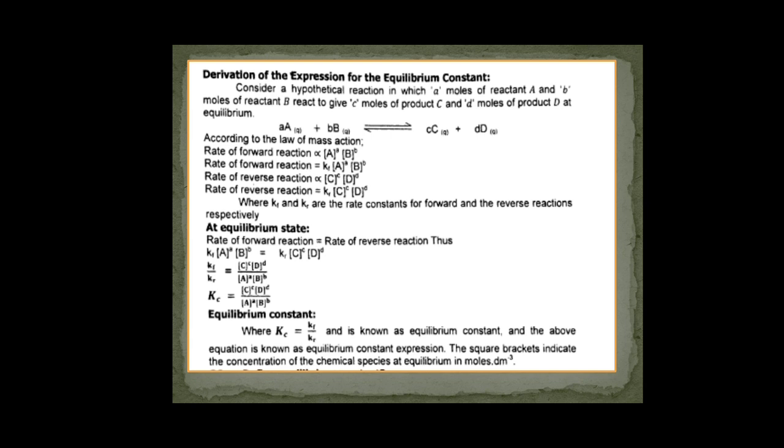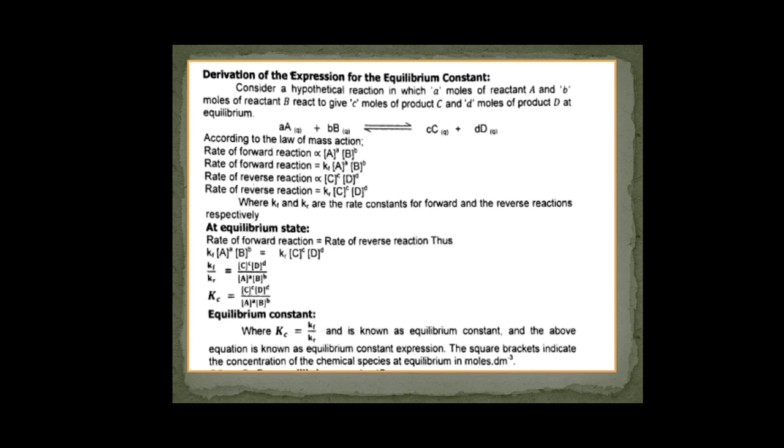Consider a hypothetical reaction in which small a moles of the reactant capital A and small b moles of the reactant capital B react to give small c moles of the product C and small d moles of the product D at equilibrium.